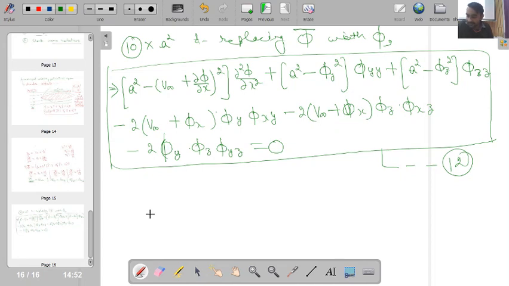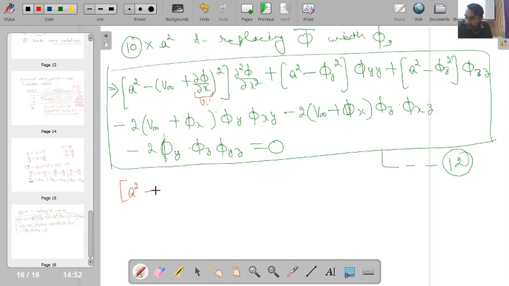Another important point is that this equation can also be written in terms of velocities. If I write del phi by del x as Vx dash, then in terms of Vx dash and Vy dash, this equation can be written as follows, and that is also an important form we will be using later on.